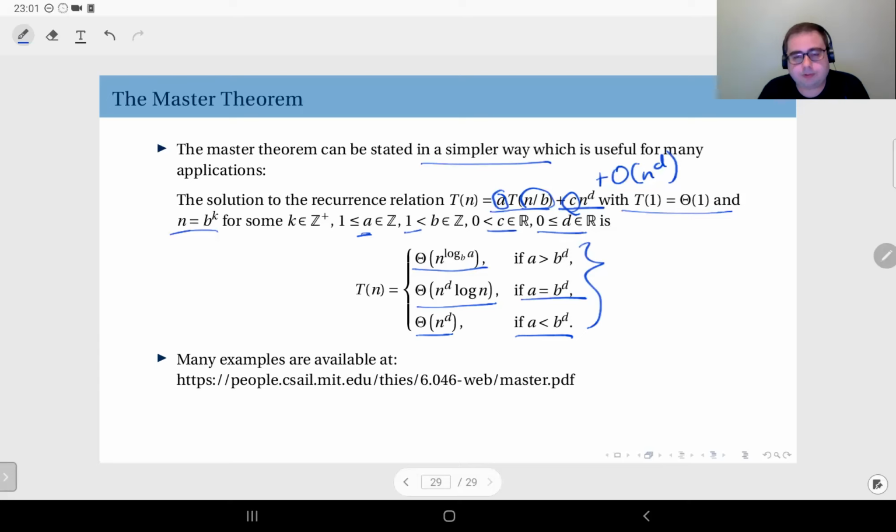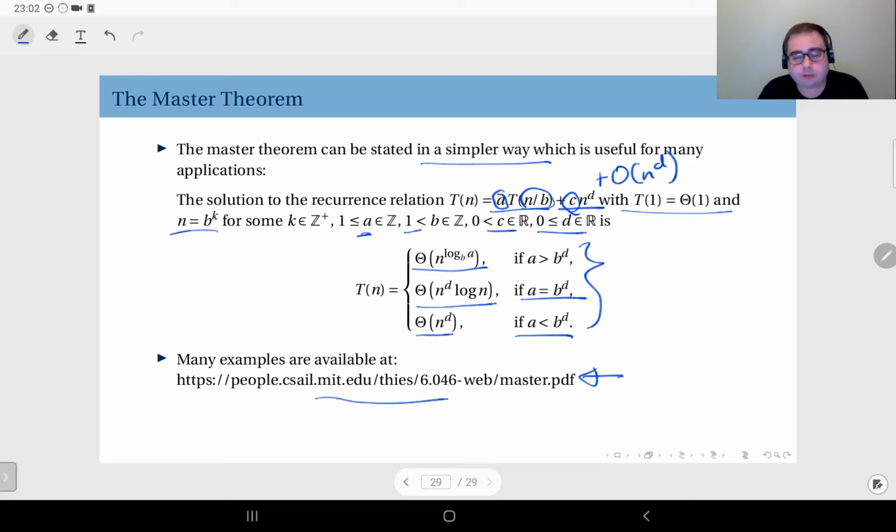There are many examples for this, both in Rosen's book and also online, and this is one of the famous ones for any divide and conquer resource. I have seen a lot of web pages that reference this document. It's one of the, let's say, worksheets of the MIT Computer Science Department.